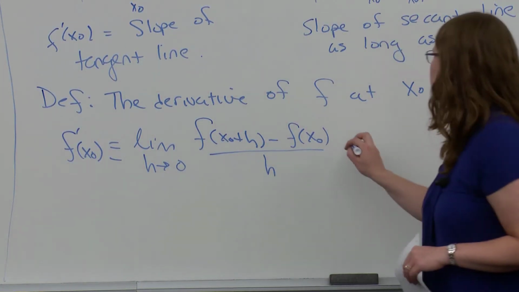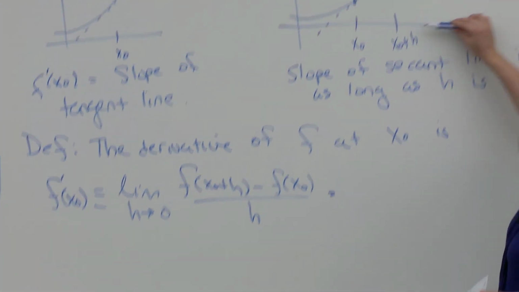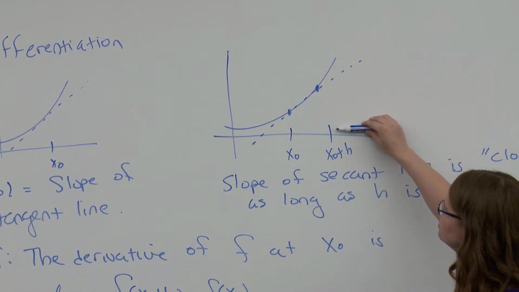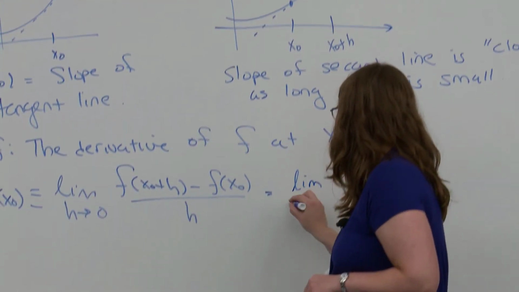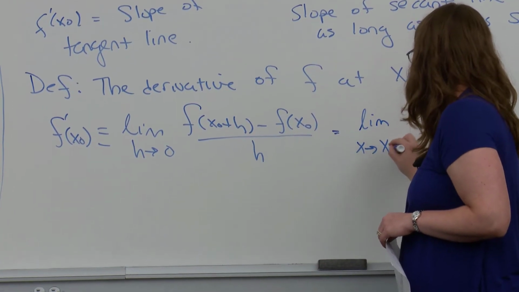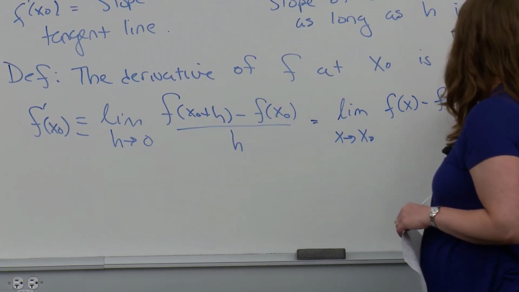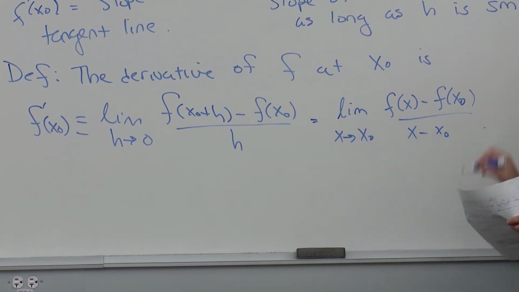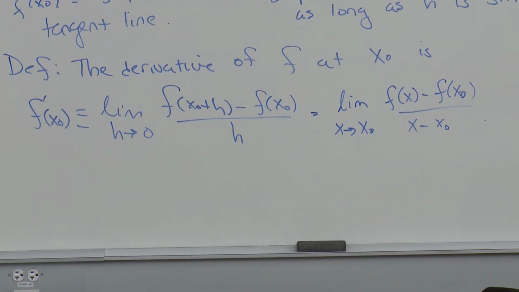And I'll write out an alternate way of doing this. Instead of calling this point x naught plus h, I could call this point just a generic x and require x to approach x naught. So sometimes it's easier to do the computations this way. So f of x minus f of x naught, my rise, over my run again. So exactly the same thing. You can use whichever one you prefer or whichever one looks easier.